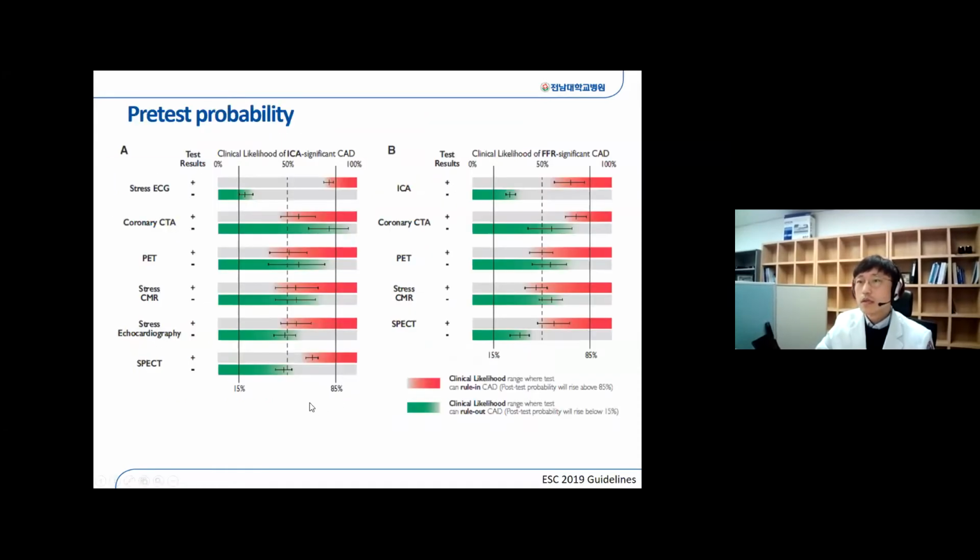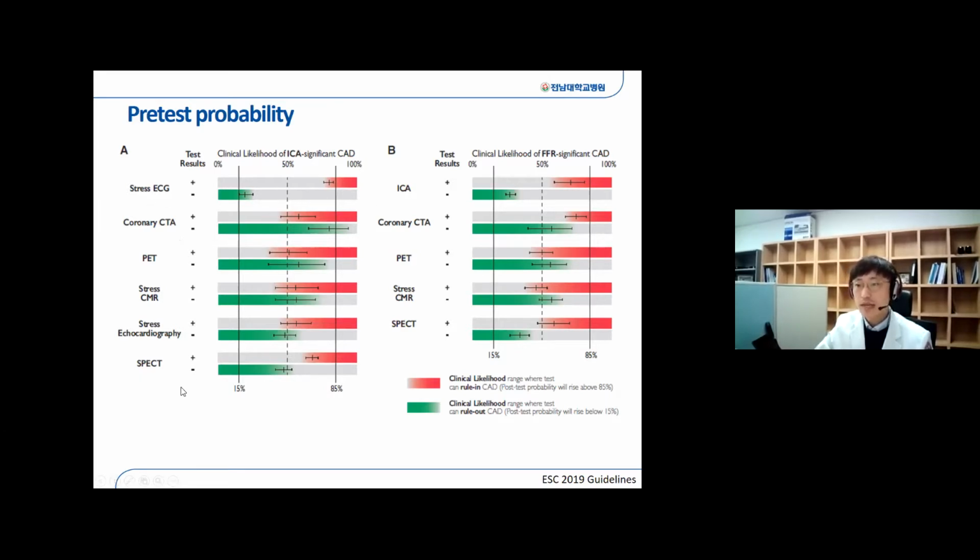So the current ESC guidelines still recommend the calculation of pretest probability and compare the clinical likelihood of significant coronary artery disease according to different imaging and non-imaging modalities.